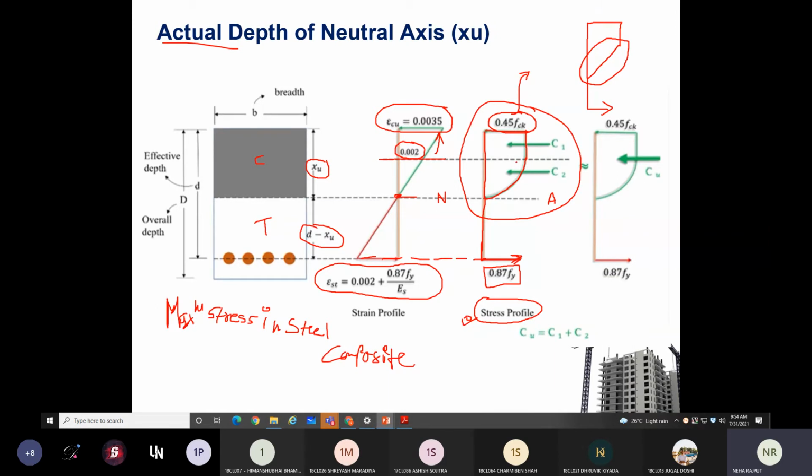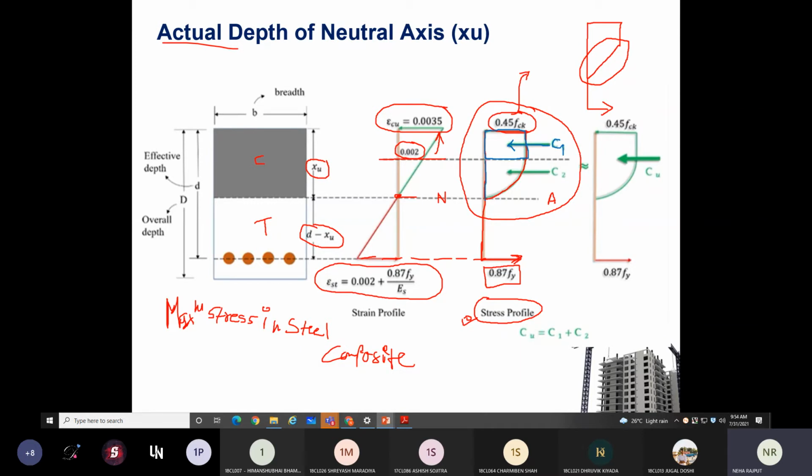This is the compression zone, so compression force will come at the compression side. As this is the rectangle portion, this rectangle portion will give some compression force. We are denoting it as C1.